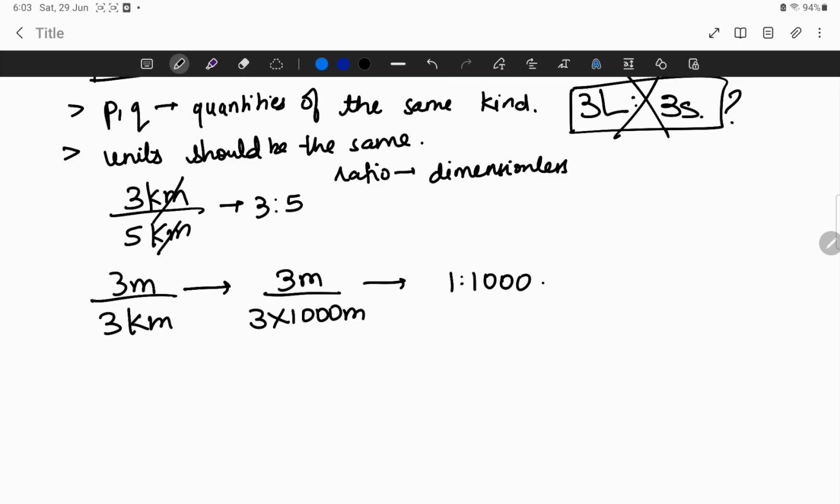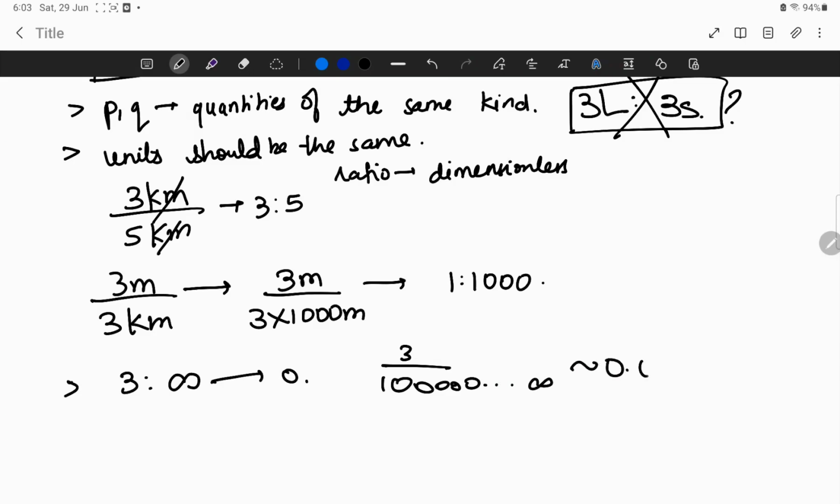One general rule is that if your numbers differ a lot, for example 3 is to infinity, this will actually be 0. Imagine it's 3 and you're dividing it by an extremely large number.